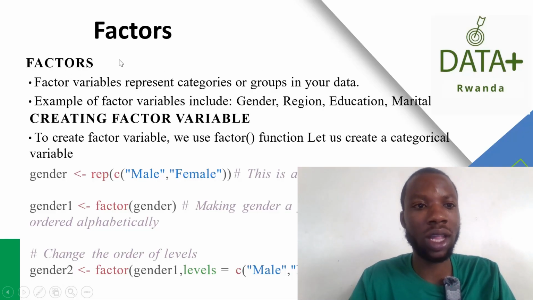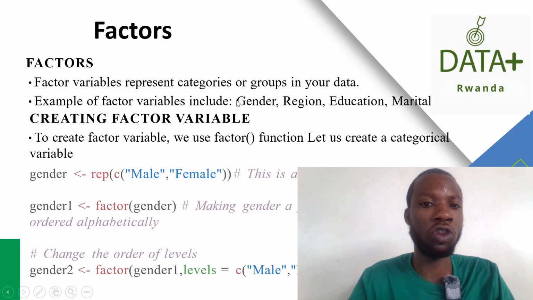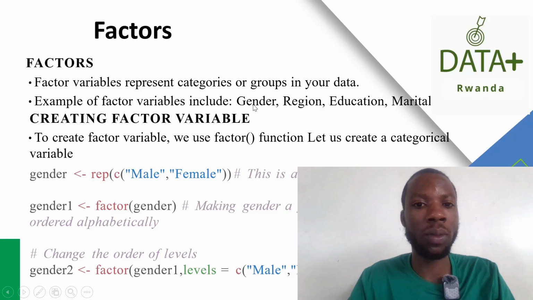So the factor variable represents the categories or groups in your data. It represents categorical values like gender, region, education, marital status. There will be a time when we need to build a model where gender is acting as an independent variable.